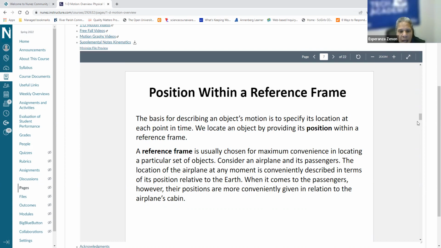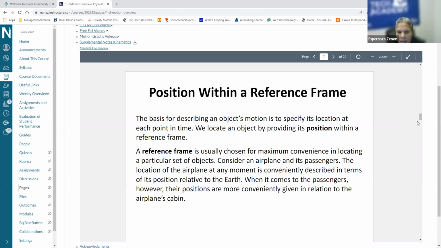We say, is the object moving? The next question is, with respect to what? Where are you measuring from? Okay. And so, if we're going to determine motion, we have to have a way of specifying location, position. Where is the object?